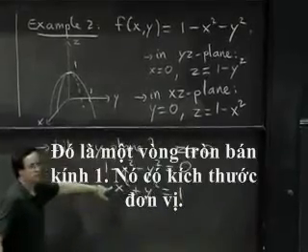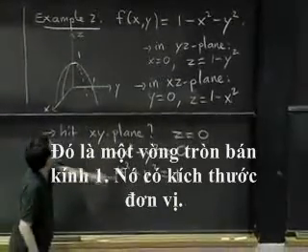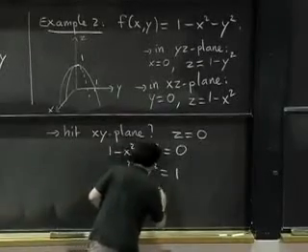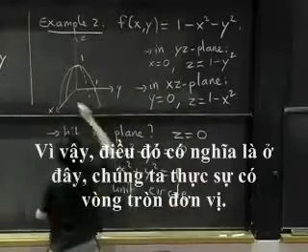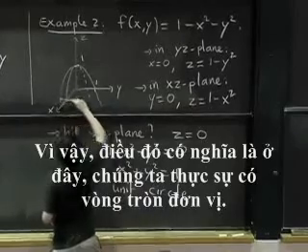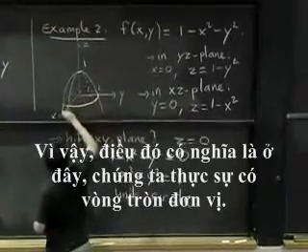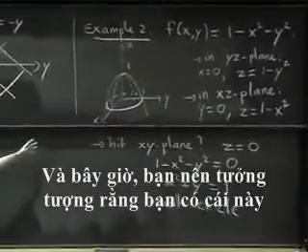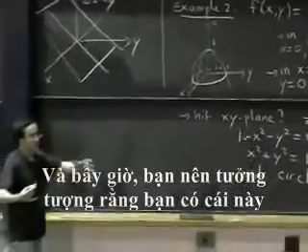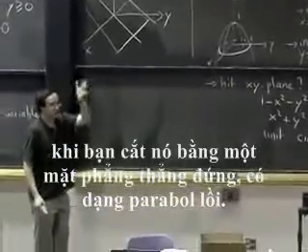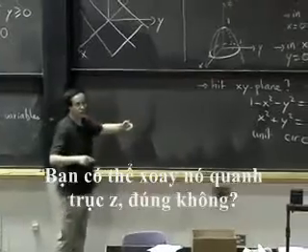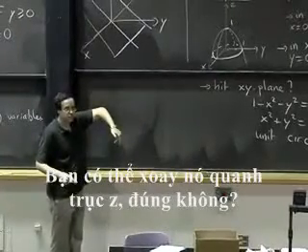That is a circle of radius 1. That's the unit circle. So that means that here we actually have the unit circle. And now you should imagine that you have this thing that, when you slice it by a vertical plane, looks like a downward parabola, and it's actually a surface of revolution. You can rotate it around the z-axis.